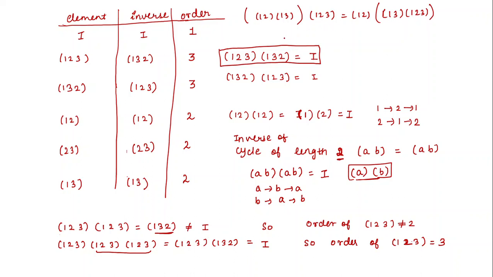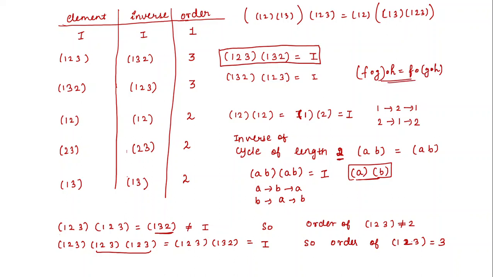It is not possible to check associativity on each and every element, but we know that these are permutations, and permutations are nothing but 1-1 onto functions from a set to itself, and the operation is function composition. We have already studied that function composition is associative for any functions f, g, h defined from a set to itself: (f∘g)∘h equals f∘(g∘h).